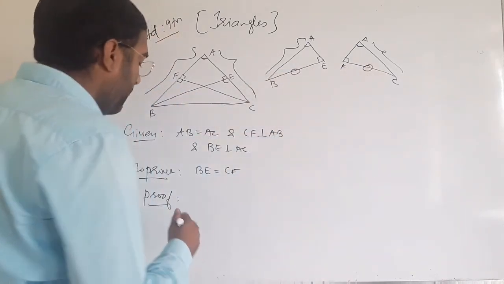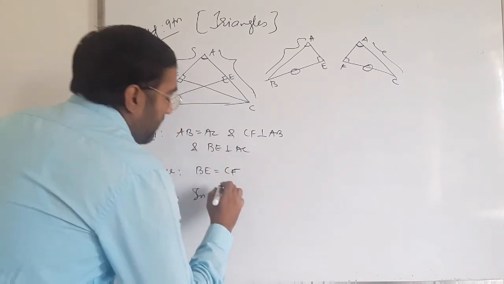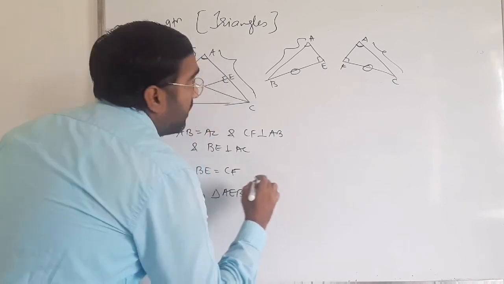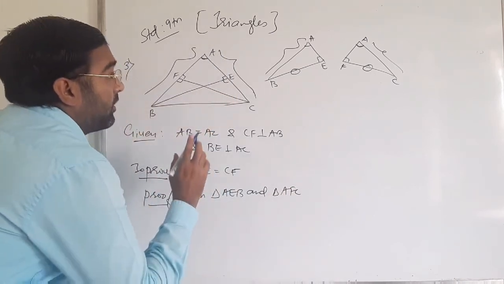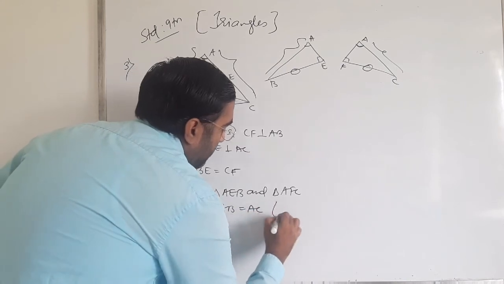So let's start. In triangle AEB and triangle AFC, first thing, AB is equal to AC, given.